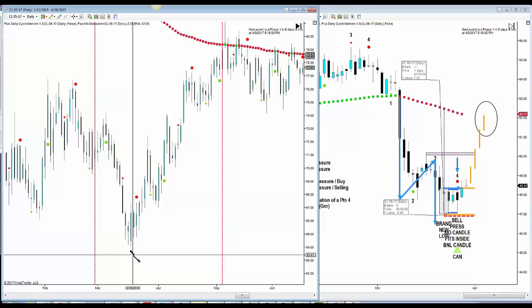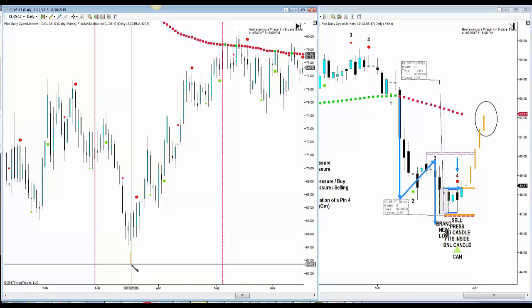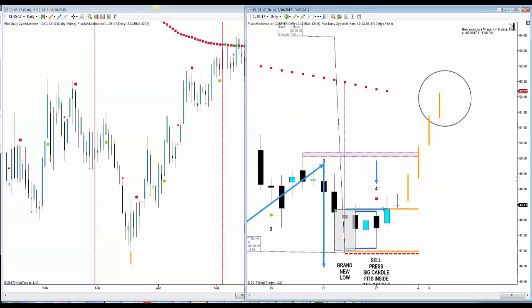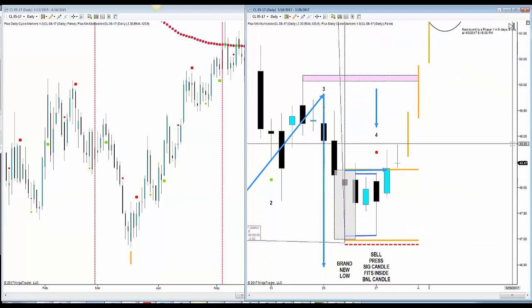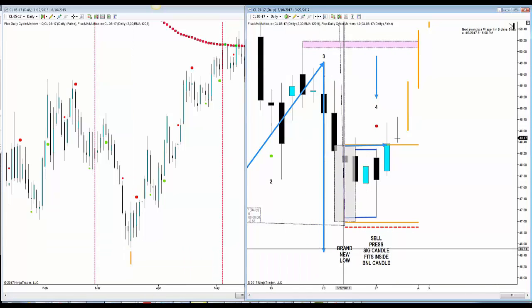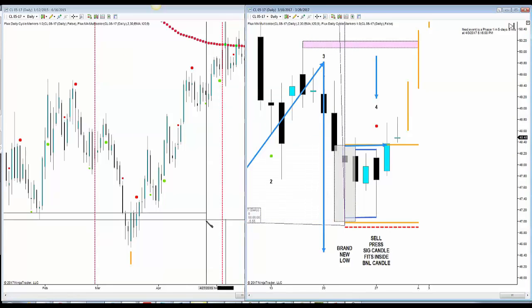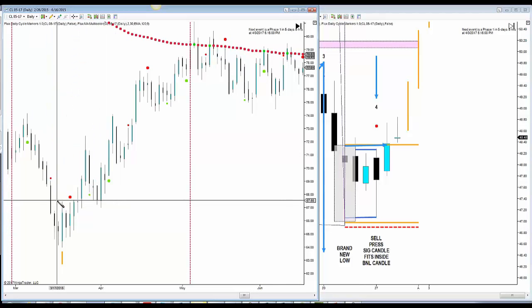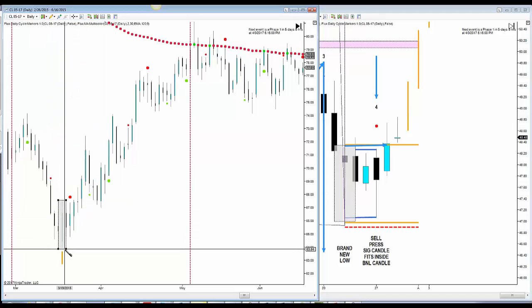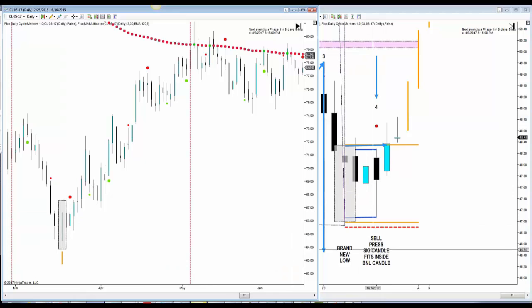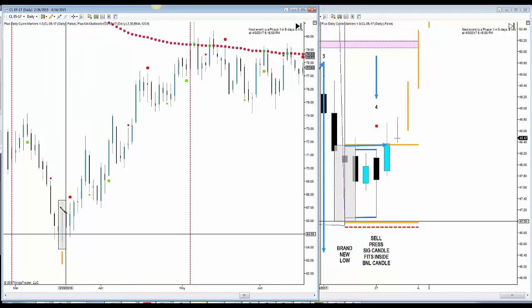John, do you see the brand new low right here? Let's go through the definition again. Brand new low. Brand new low. What do we do? We surround that candle with a drawing. Put the rectangle right here. Second thing, does the selling pressure candle fit inside the brand new low candle?